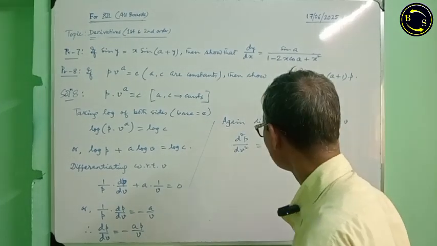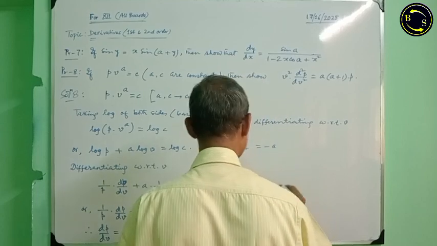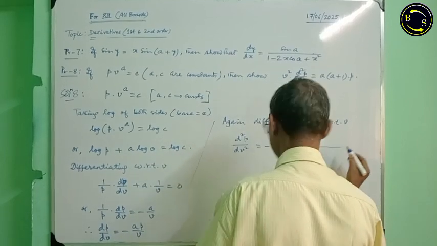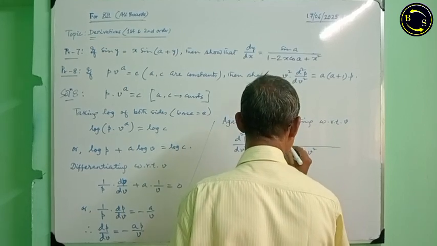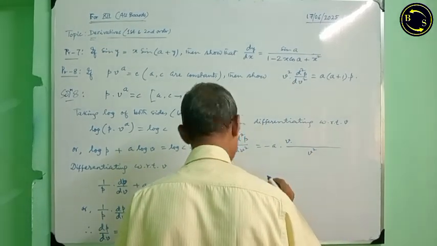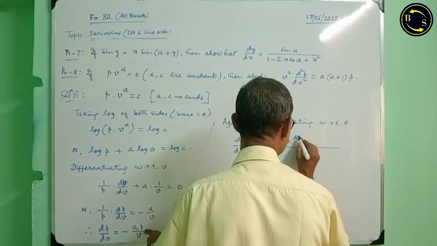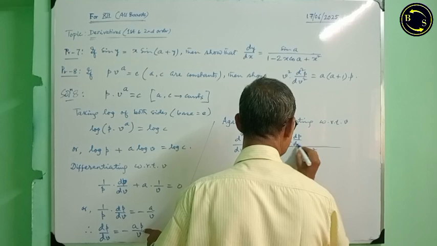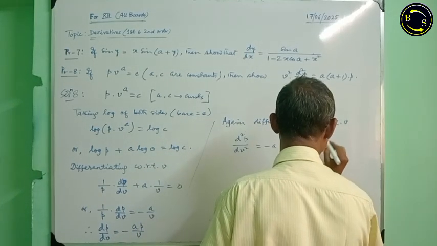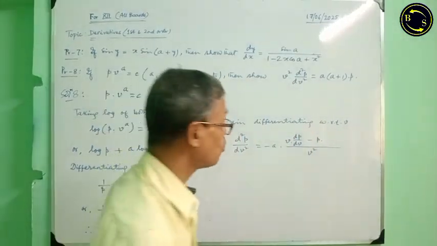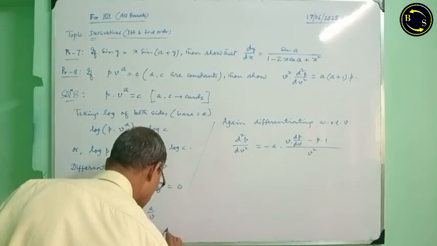Minus a is constant, therefore I take minus a outside, then apply u by v form, v square into v into derivative of p with respect to v, therefore it will be dp/dv, minus p derivative of v with respect to v, that is 1. I call it 1a.